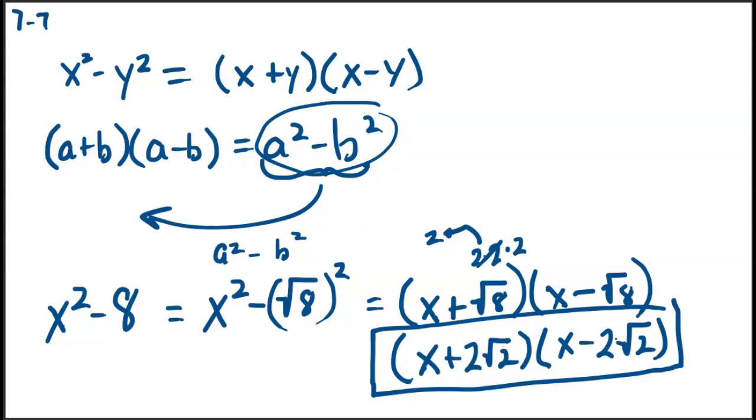Okay? All right, so this is 7-7, and I'm going to ask you to do numbers 2 through 22 even. And you're just given a variety of expressions, and you're going to be asked to express them in simple form.